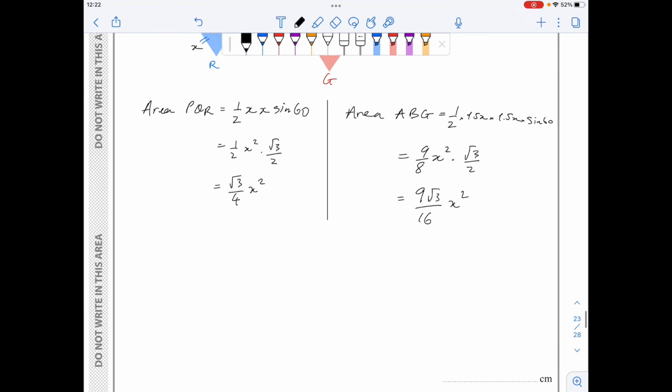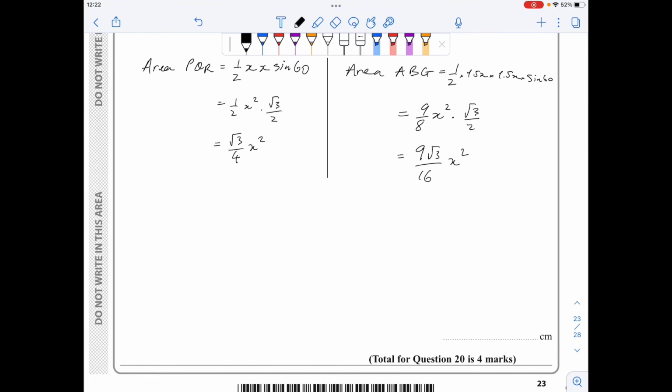Now, the area of the hexagon is equal to 6 times the area of a red triangle. So, area of hexagon is 6 times the area of ABG. So 6 times 9 root 3 over 16 x squared will give me 27 square root of 3 over 8 x squared.